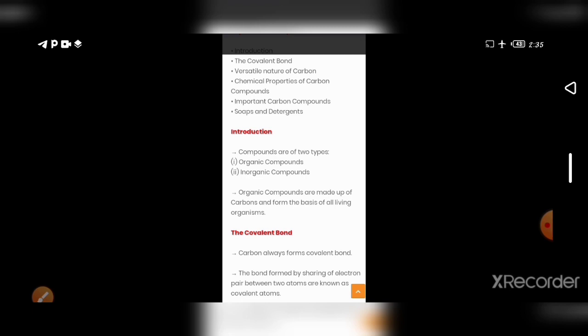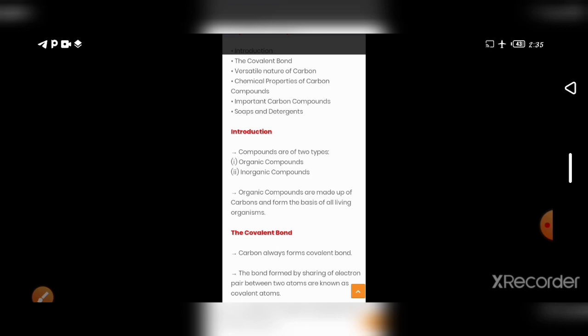The building block of an element is known as carbon. It is present in the periodic table, as you know very well. The atomic number is 6.